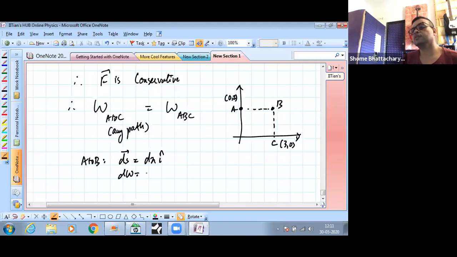So the work done would have been Fx dx. Yeah Bhaskar, I'm coming to 3-dimensional components. Okay, so Fx was 2 alpha x square into the y coordinate, which is fixed, since the y coordinate is fixed.